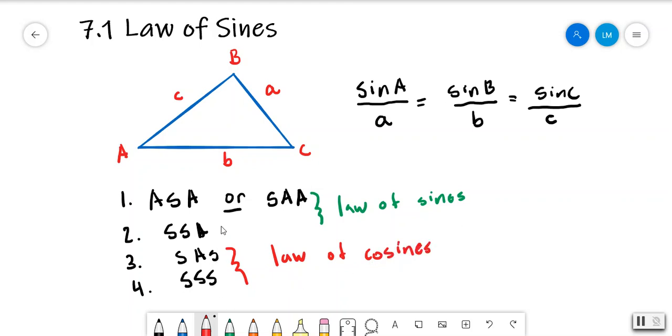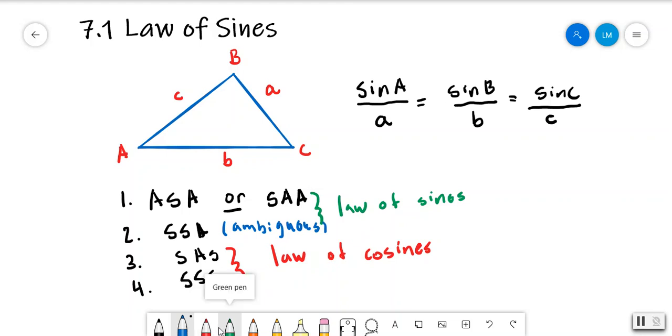Now, the only problem with using the law of sines is that whenever you have a side-side-angle, this is what we call the ambiguous case, mostly because it's not clear whether we have one triangle, two triangles, or maybe even none.